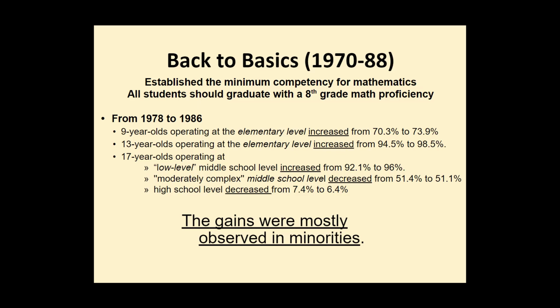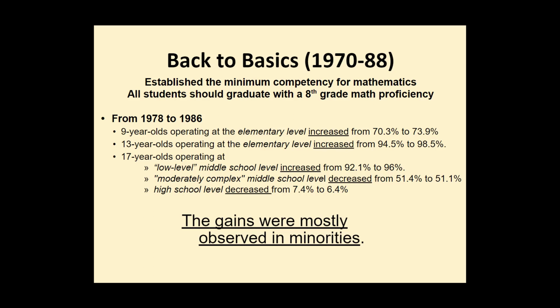The Back to Basics movement also established a minimum competency for mathematics, demanding that all students should graduate from high school with at least an 8th grade math proficiency. Although this measure was met with a pretty high success rate, several problems were identified with the model.